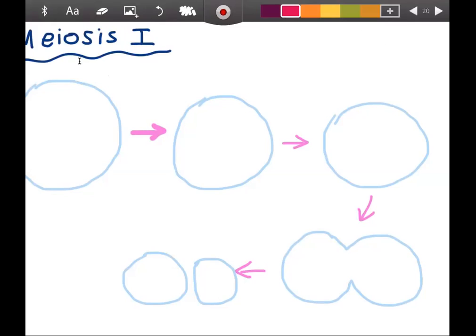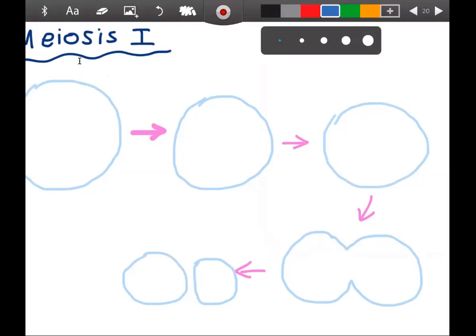The paternal chromosome comes from the male parent, and the maternal chromosome comes from the female parent. I'm going to represent these with the colors blue and pink, just so that we can specify which ones are which.